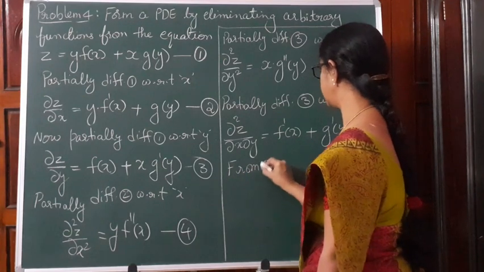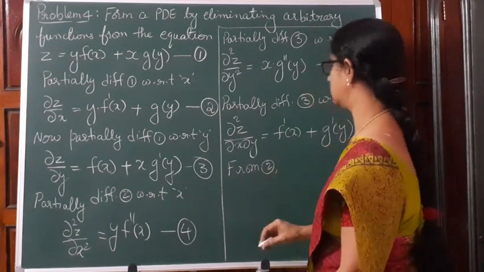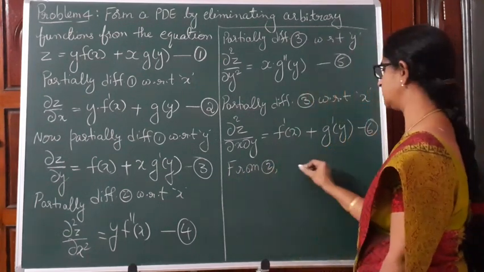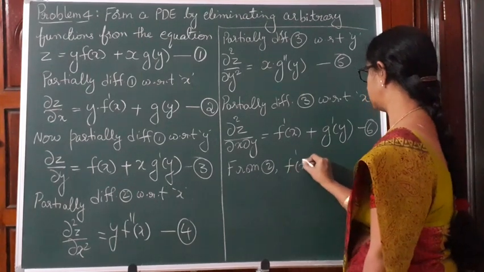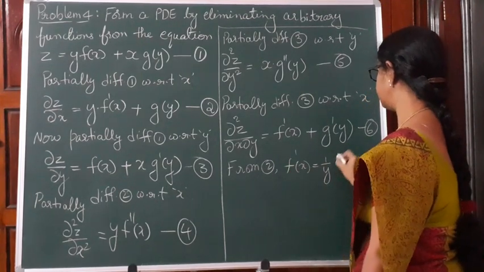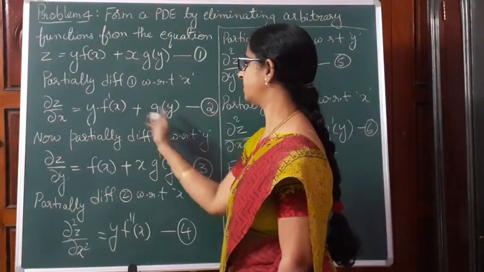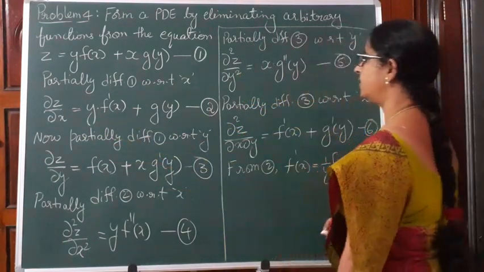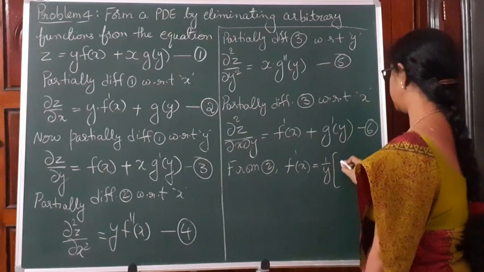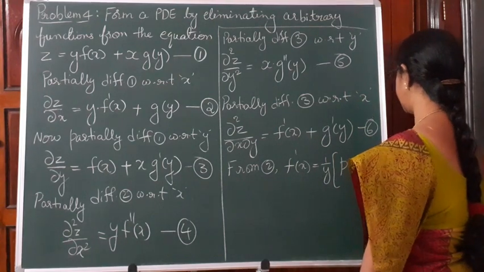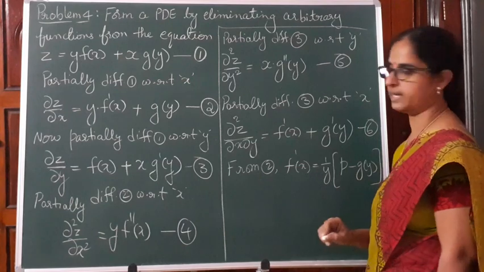From equation 2, what do we get? f'(x) is 1/y times, from equation 2, f'(x) is 1/y times (∂z/∂x − g(y)), that is p − g(y). p means ∂z/∂x.